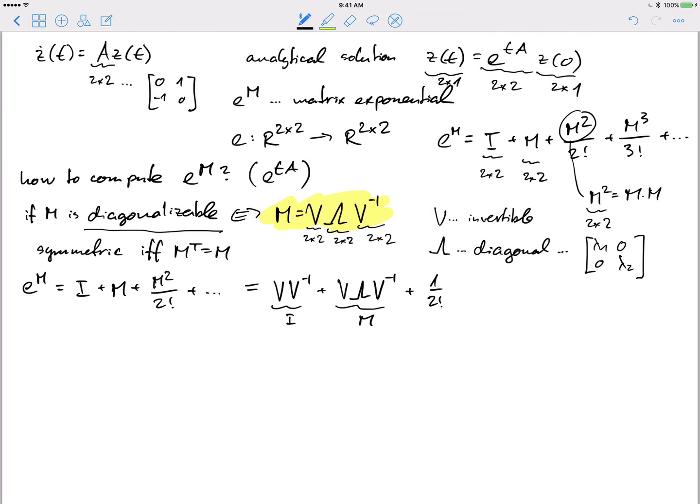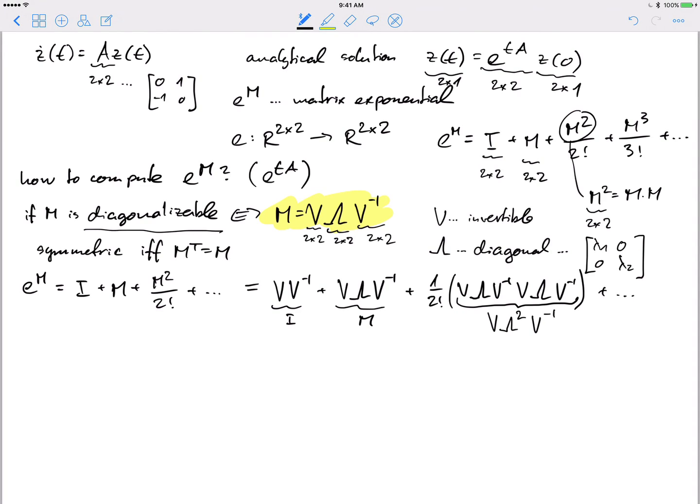M squared means M times M, which means V lambda V inverse, V lambda V inverse. And you're like, aha, wait a second, V inverse V is the identity. So this whole thing becomes just V lambda squared V inverse.